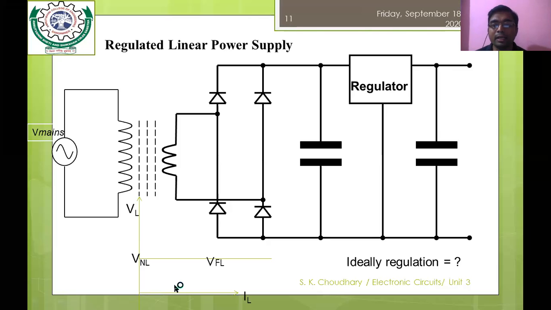Here you have seen that the VNL and VFL are at the same level, which means the difference of VNL and VFL is 0. So percentage regulation ideally is 0. The lower the value of the percentage regulation, the better the power supply, providing a more regulated output voltage. Okay.